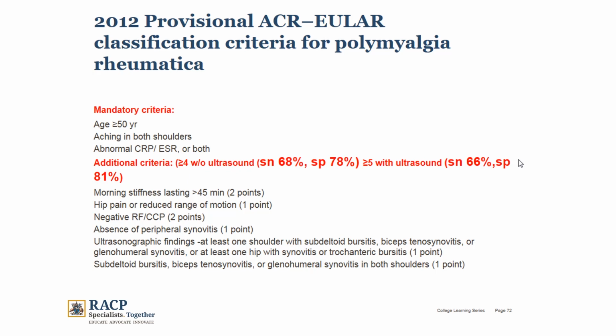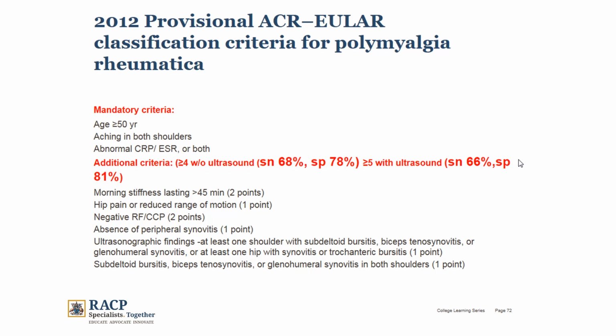Polymyalgia rheumatica, as you know, is a clinical diagnosis, and in 2012 there were classification criteria for clinical studies into polymyalgia rheumatica, and they had 3 mandatory criteria, namely age over 50, aching in both shoulders, and abnormal CRP and ESR.